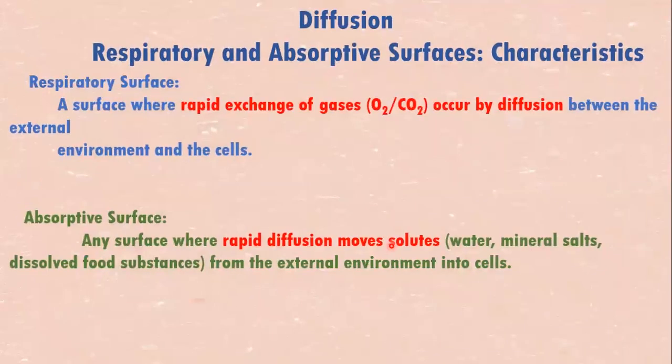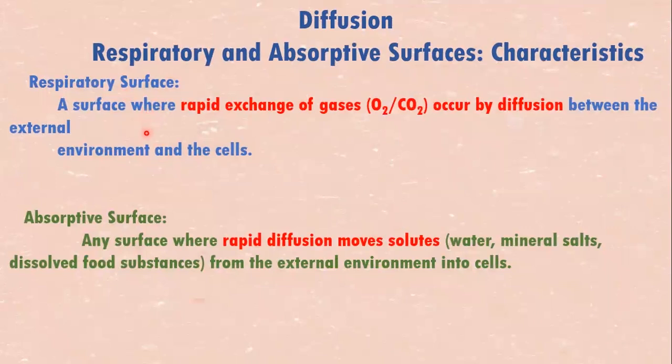Good. What is a respiratory surface? A respiratory surface is a surface where rapid exchange of gases, oxygen and carbon dioxide, occurs by diffusion between the external environment and the cell.